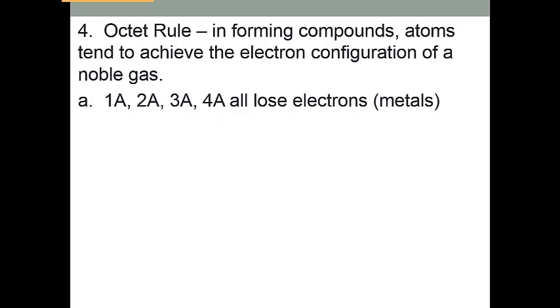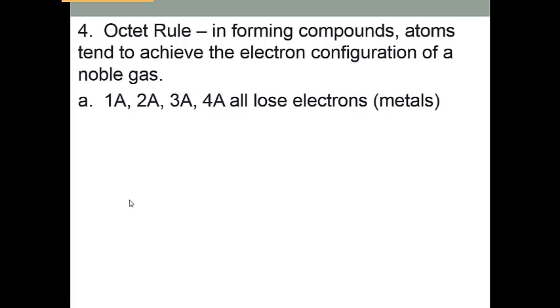On your periodic table, if you find 1A, 2A, 3A, and 4A, so that's the family that has hydrogen at the top, beryllium, boron, and carbon, those are all mainly metals. Boron is a metalloid, carbon's a nonmetal, but all the other elements in their families are metals. They're going to lose electrons.